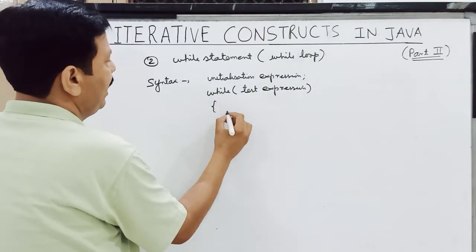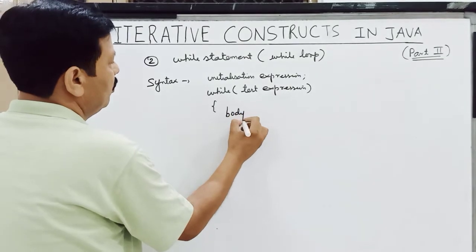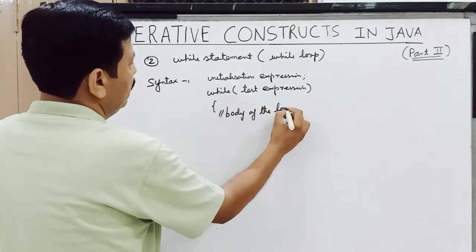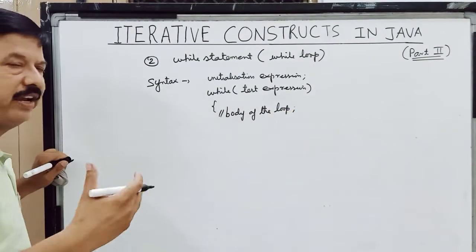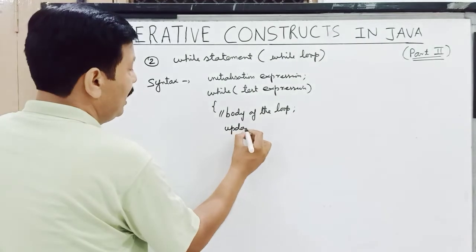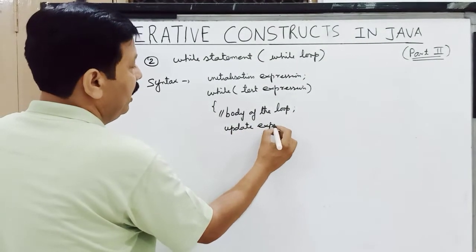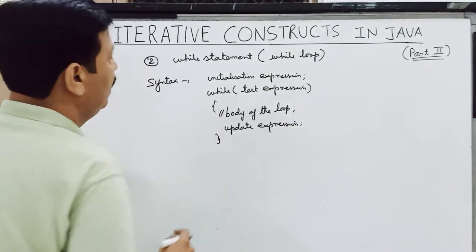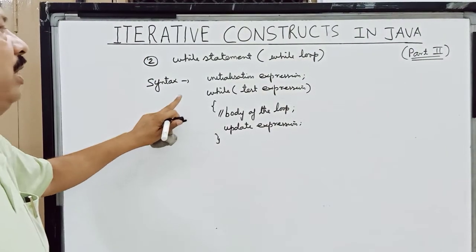And children, then we have the body of the loop. These are all the statements which are getting executed again and again. And then we have the last important statement, that is the update expression. So children, this is the syntax for the while loop.